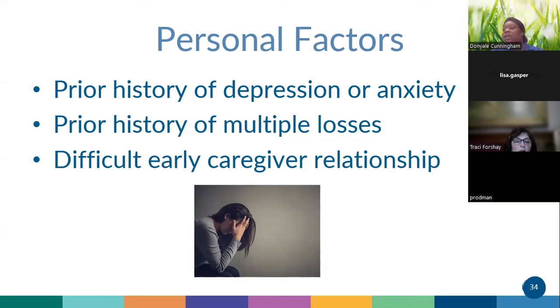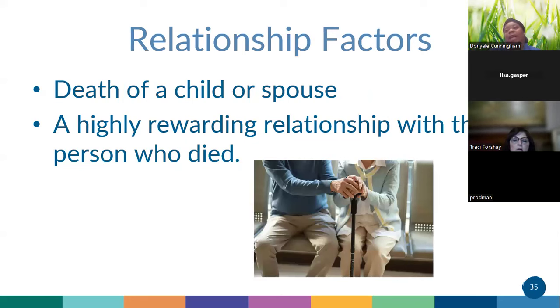Someone may have poor listening skills, lack of empathy, and unwillingness to accept feedback, essentially behaviors that prioritize personal gain over the collective good and damage relationships with colleagues and supervisors. So prior history of multiple losses, difficult early caregiver relationships.